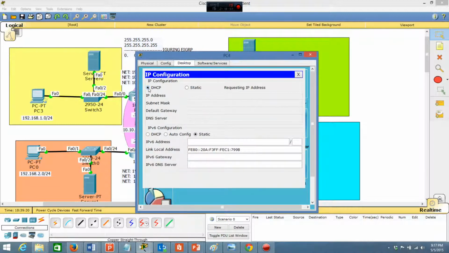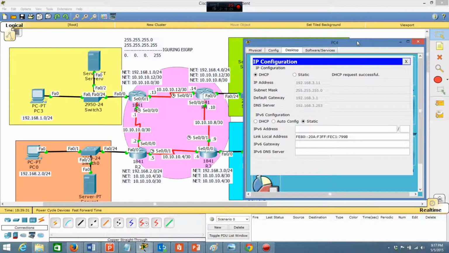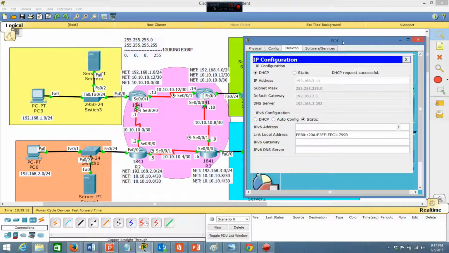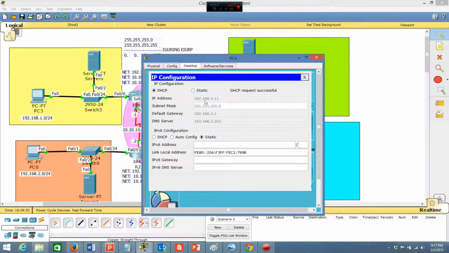We should have an IP address assigned to this client on our network. There you go. So our next available IP address, as you can see, is 192.168.3.11, 255.255.255.0, gateway 192.168.3.1, and 253 is our DNS. So that is functioning very nicely.